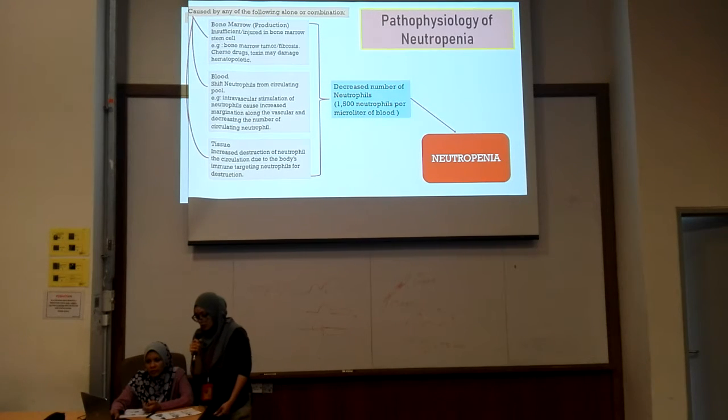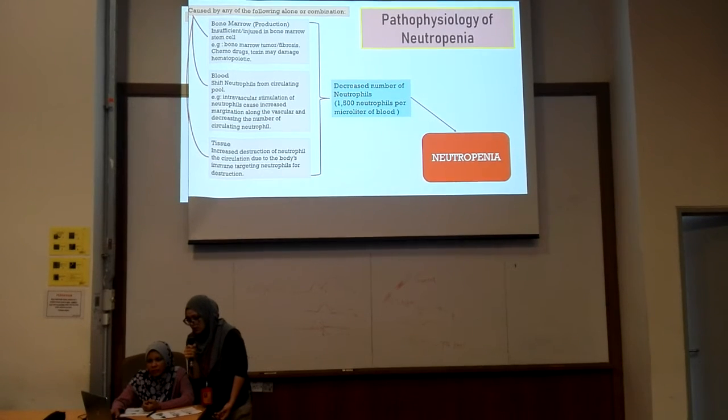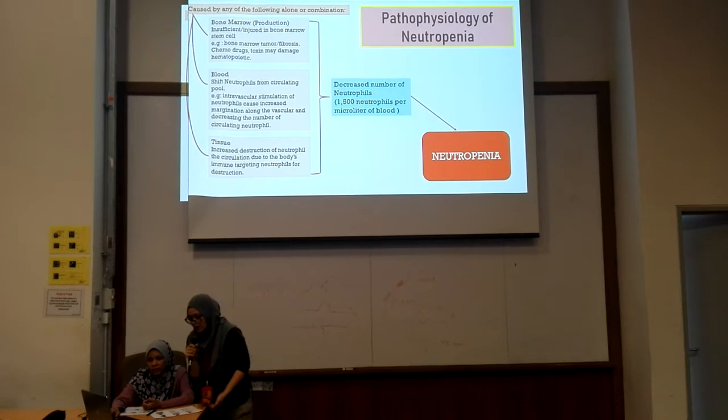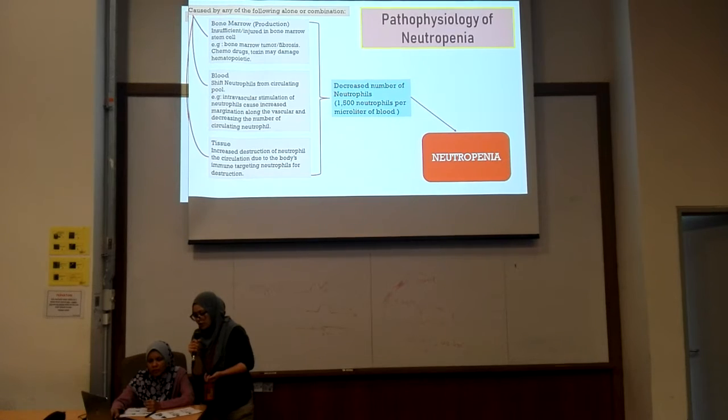Contohnya intravascular stimulation of neutrophil cause increased margination along the vascular and decrease the number of circulation neutrophil. Third, in tissue, which is increased destruction of neutrophil in the circulation due to the body's immune targeting neutrophil for destruction. So all this can cause decreased number of neutrophil and can cause neutropenia.